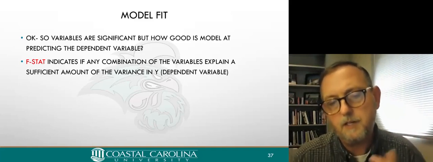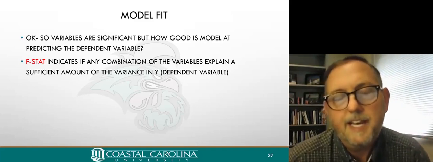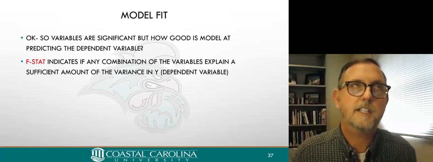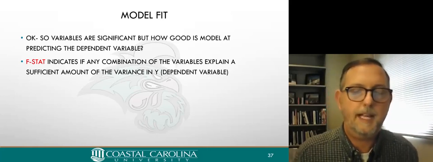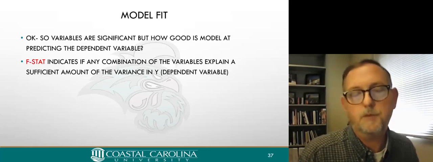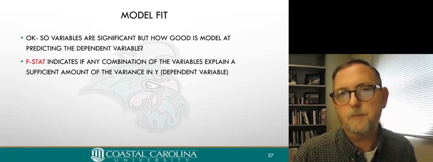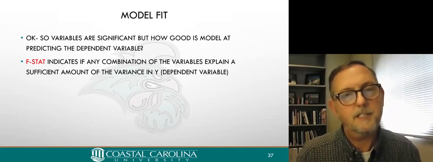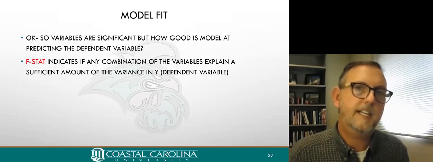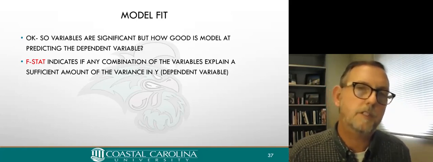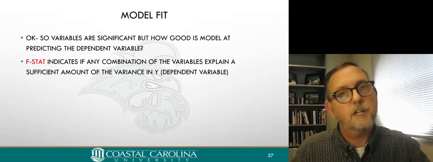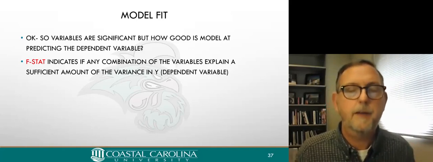The F statistic tells us if any parts of the model do a good job of predicting the dependent variable. The thing is, though, it doesn't tell us which parts of the model. It doesn't dig in and tell us which variables are important. It just tells us something is important. So it's a global representation.